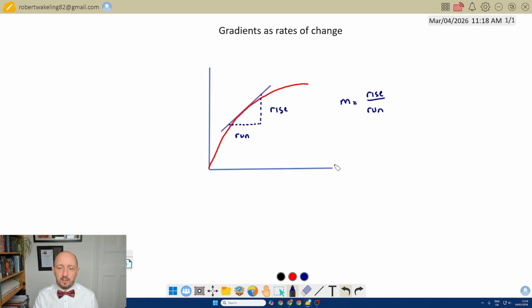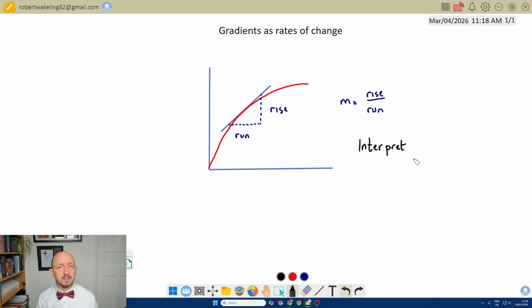Now, why is this topic such a high level if the only thing we have to worry about is to add a tangent and then do a normal rise over run? Well, your job in maths and for science is to interpret this value.